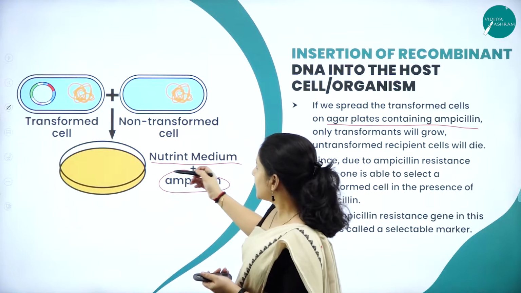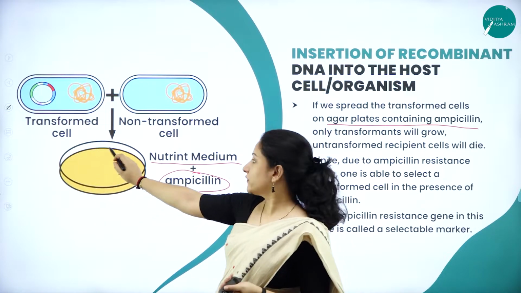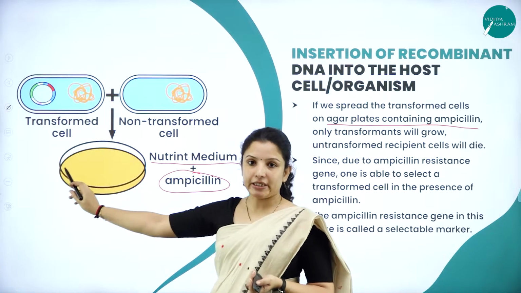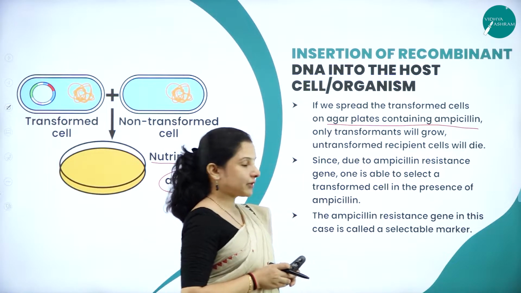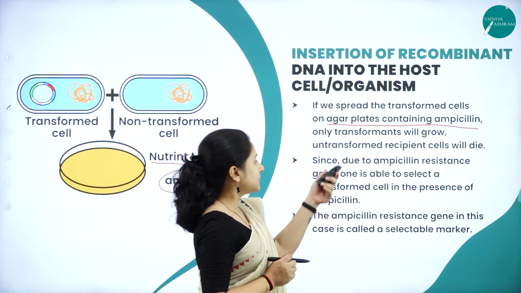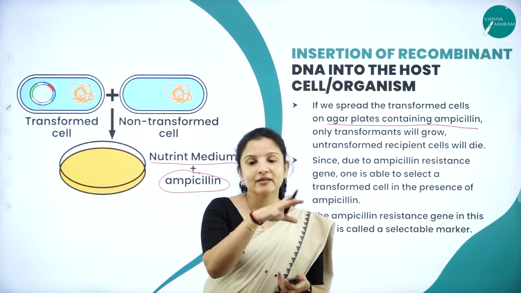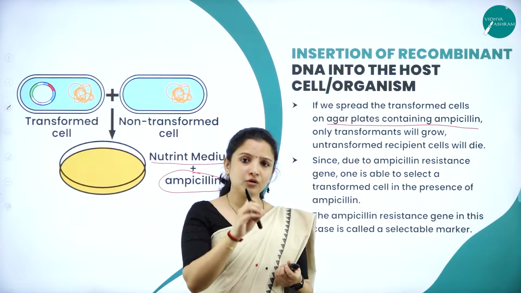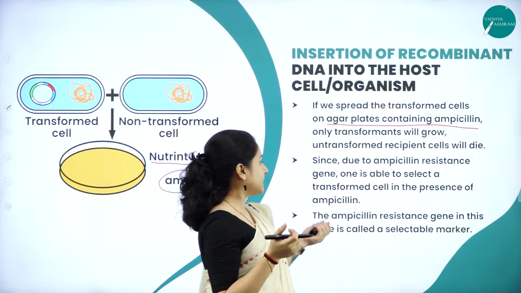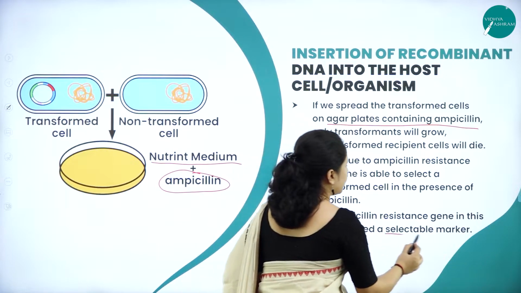That vector will be plated in this medium containing ampicillin. Because it is resistant to ampicillin, these bacteria will grow, and the ampicillin resistance gene in this case is called a selectable marker.